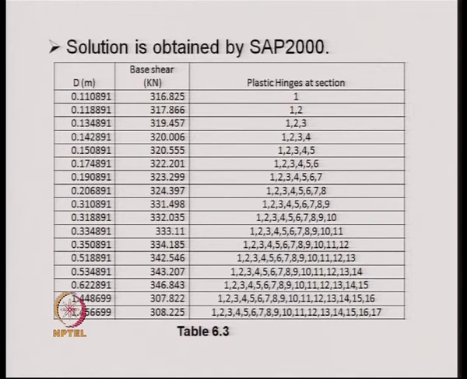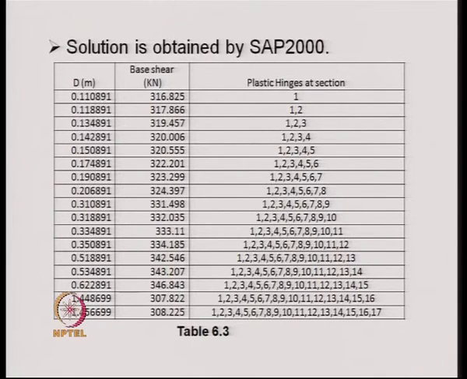The different displacements and the corresponding base shear are shown in the tabular form over here, and the plastic hinges that have taken place at different levels of displacement have been noted down.